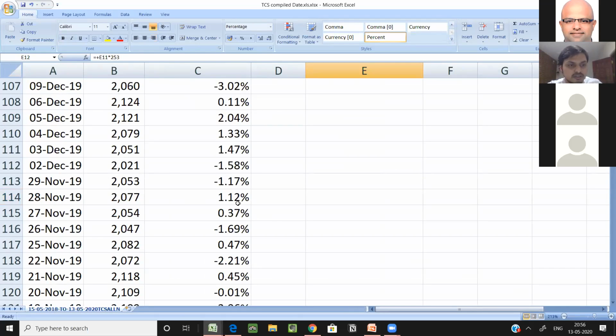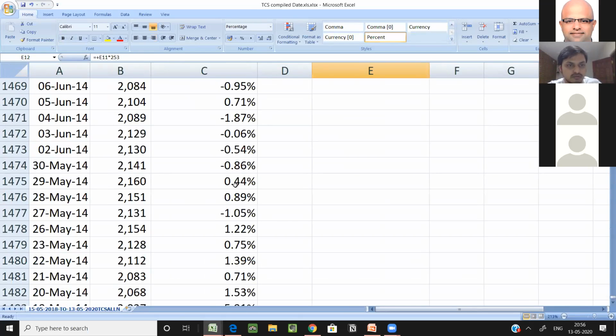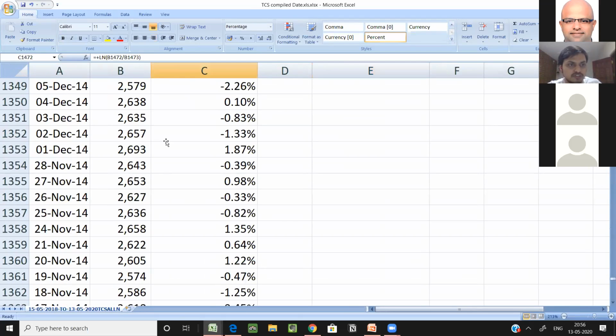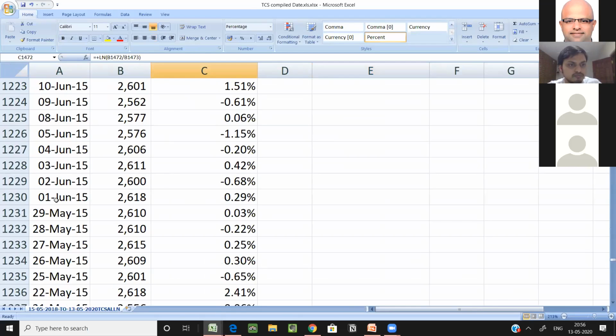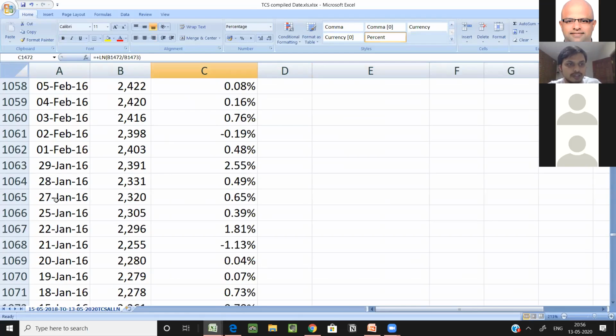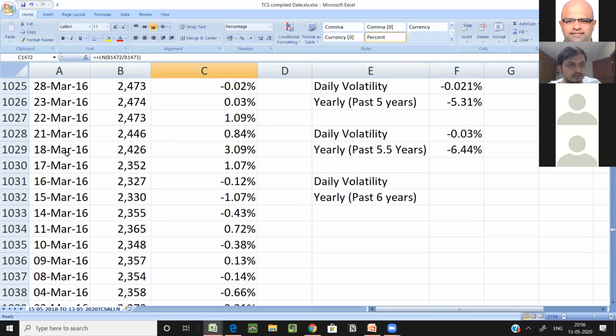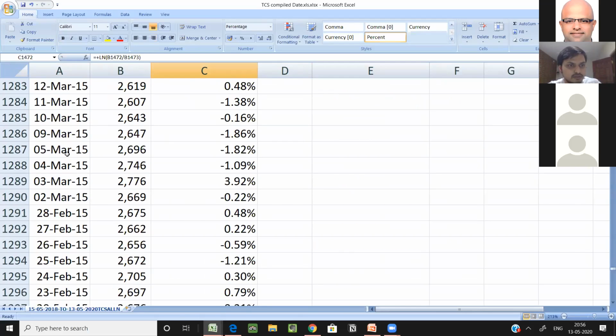So let me just calculate the volatility for the sixth year. I just want to understand why there was so much deviation in volatility. So these are the practical problems that we face when we are doing valuations. So 15, 16, sorry, 14, 15.